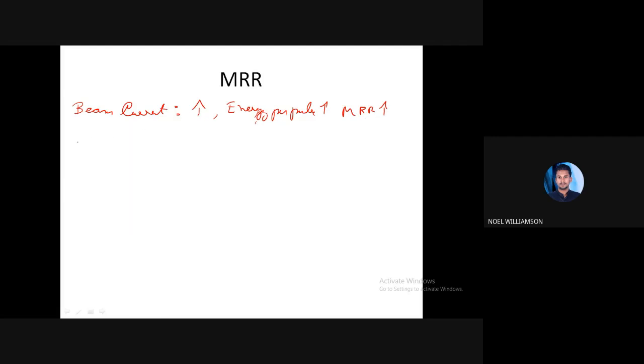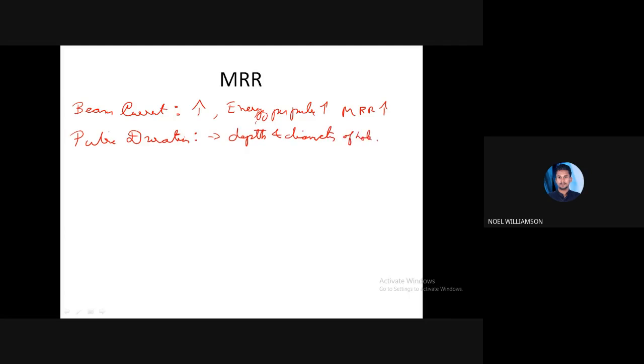Now regarding the pulse duration. Here this affects mainly the depth and diameter of the hole produced.